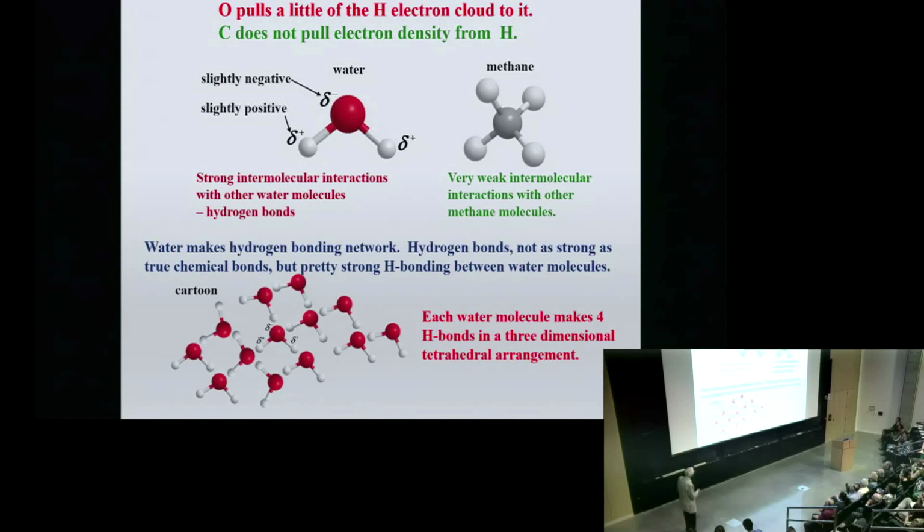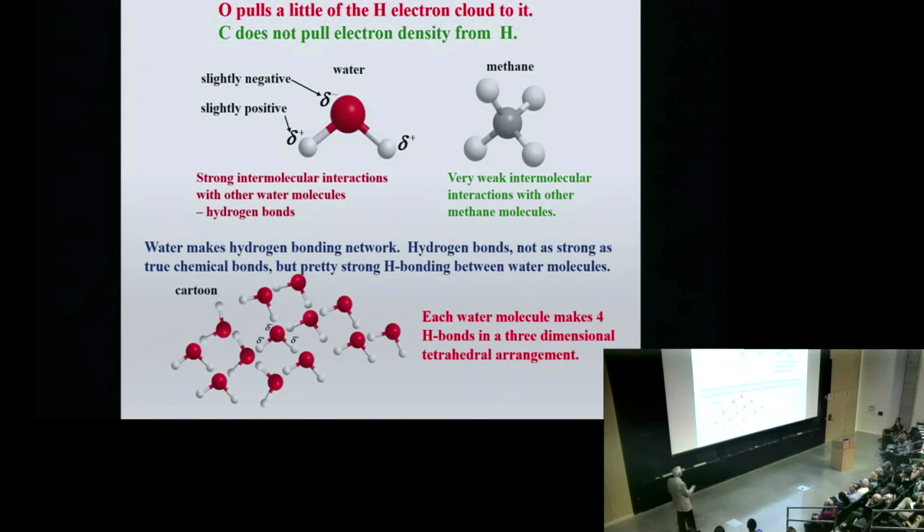And the reason why that is, look, here's one of these water molecules. This slightly negative oxygen attracts this slightly positive hydrogen. This slightly positive hydrogen is attracted by this slightly negative oxygen. And the net result is that each of these water molecules, this is going to be three-dimensional, I'll show you in a second, I drew it in 2 dimensions so I could draw it.